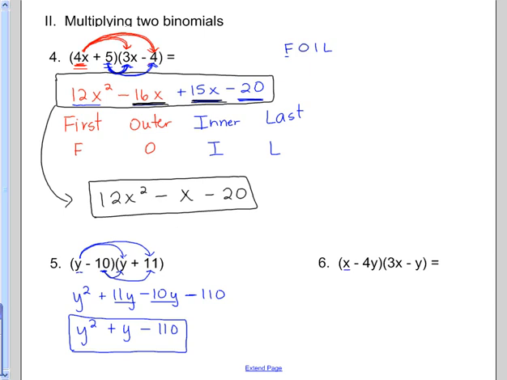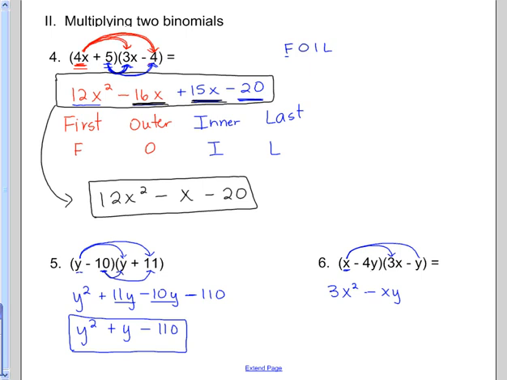Start with the first term in the first binomial. X times 3x will be 3x squared. Outer, x times negative y. Positive x times negative y is going to be a negative xy. If we have more than one variable, we like to put them in alphabetical order. Then I go back and distribute this negative 4y.